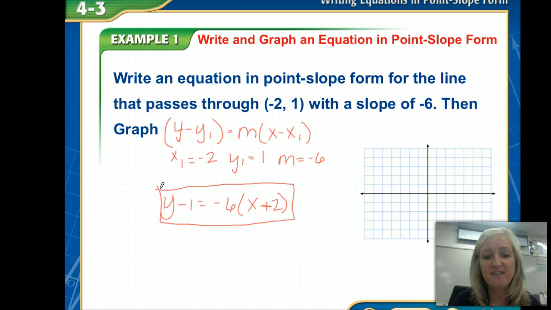So this is my point slope equation. Then if I have to graph it, I'm going to start by graphing the point that they give me. So -2, up 1. Now again, in order to graph a line, we always need at least 2 points. I know that my slope is -6, so I'm going to go down 1, 2, 3, 4, 5, 6, and over 1, because our slope is negative 6 over 1.